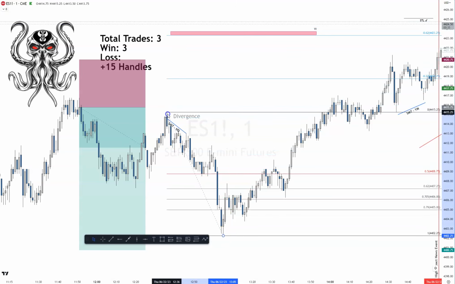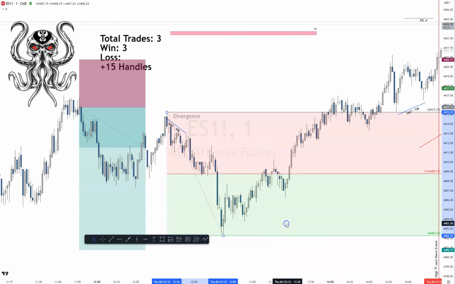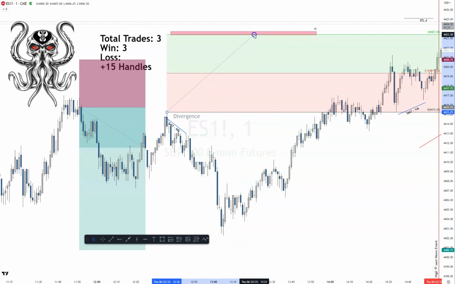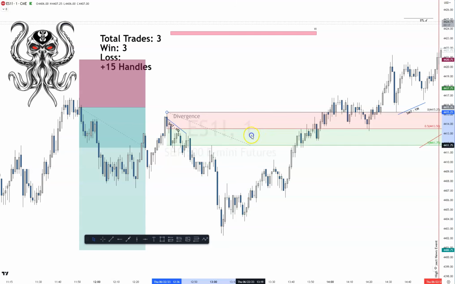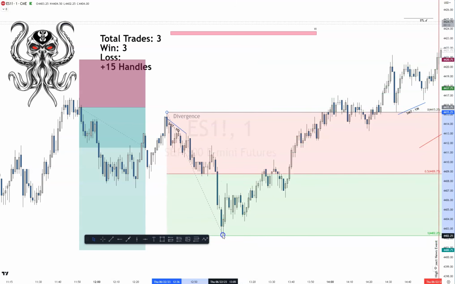We would go from here to here, and we'll change this to premium and discount. There's my premium and discount. Now you have to set it up so that the red's on top and green's on the bottom. If you pull it a different way, they're opposite, right? So it doesn't really matter as long as you know that the top is always premium and the bottom is always discount.